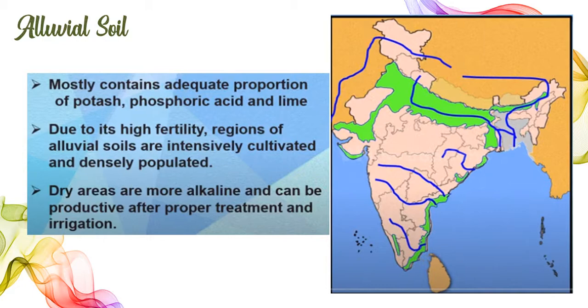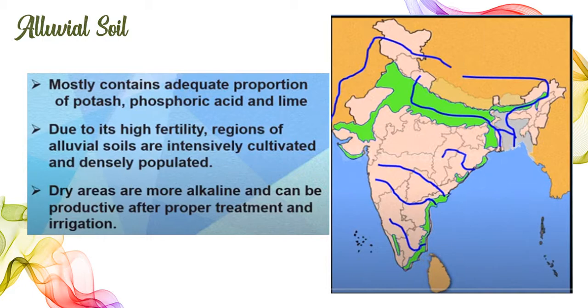Due to its high fertility, regions of alluvial soils are intensively cultivated. It means cultivating more than one time in a piece of land in a period of 1 year, and these are densely populated areas also.